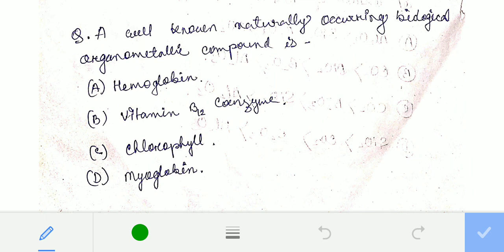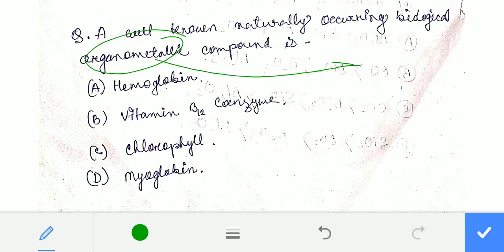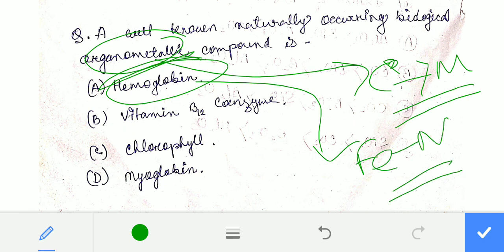Moving to next question. A well-known naturally occurring biological organometallic compound. In an organometallic compound, a carbon atom is attached to a metal atom, but in hemoglobin, the iron atom is attached with nitrogen, so it is not an organometallic compound.